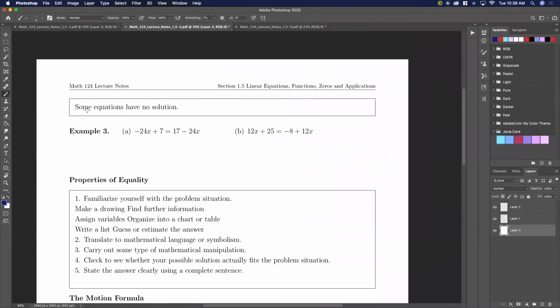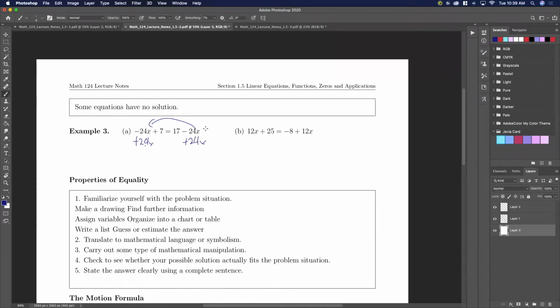All right, so every now and then some equations have no solution. Let's take this one, for example. And this is just easier seeing. If I add 24x to both sides, well, 24x here zeroes it out because I'm trying to get all the x's to this side of the equation. But notice that that zeroes out this as well.